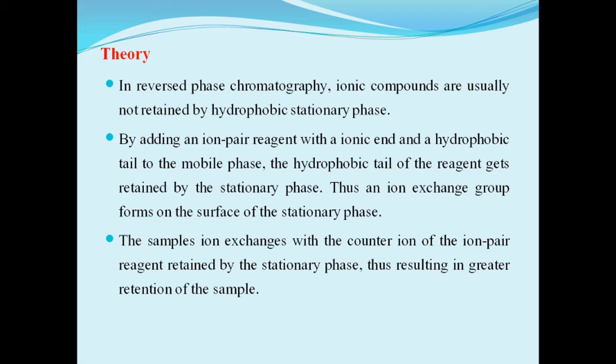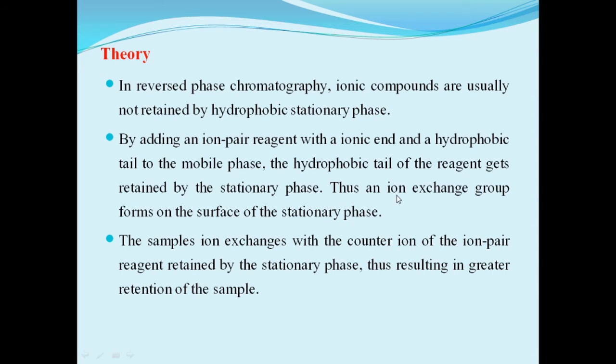Theory behind ion pair chromatography: in reverse phase chromatography, ionic compounds are usually not retained by the hydrophobic stationary phase. By adding an ion pair reagent with an ionic end and a hydrophobic tail to the mobile phase, the hydrophobic tail of the reagent gets retained by the stationary phase.